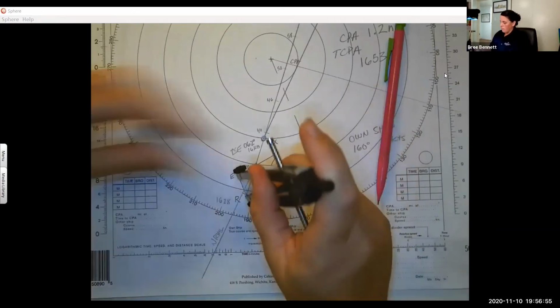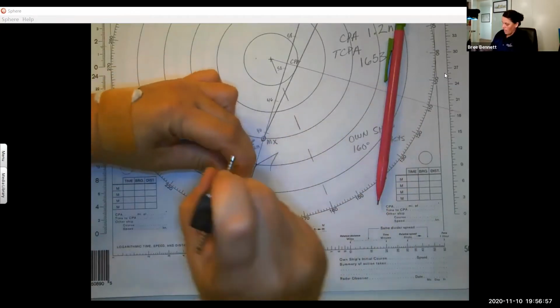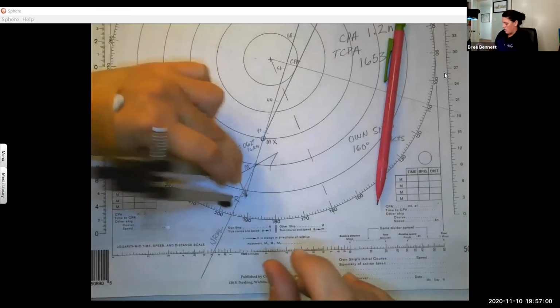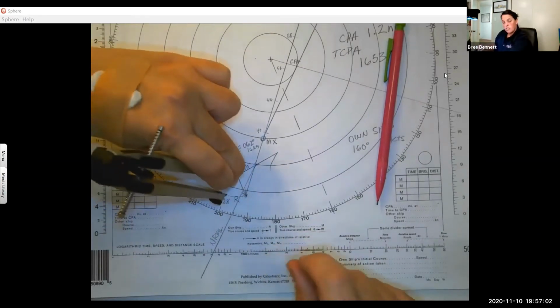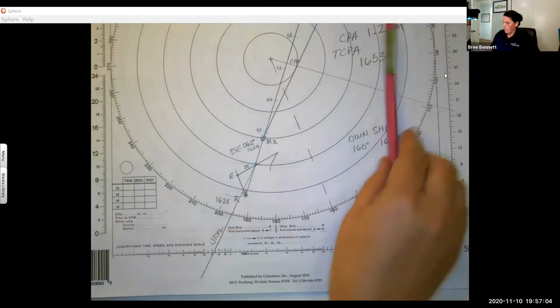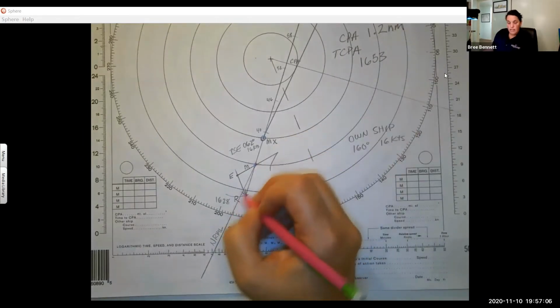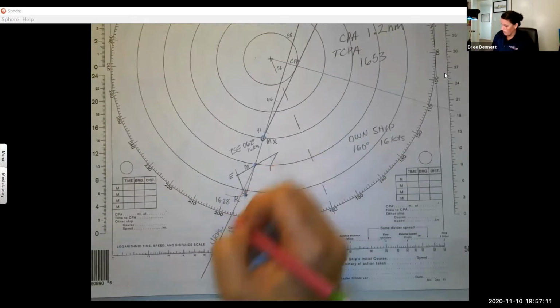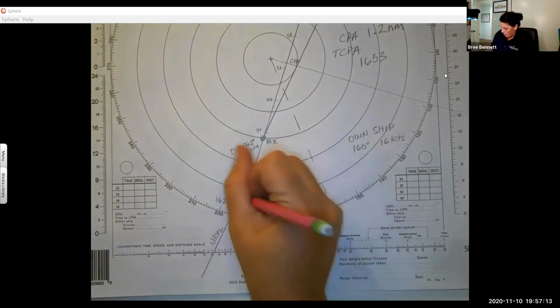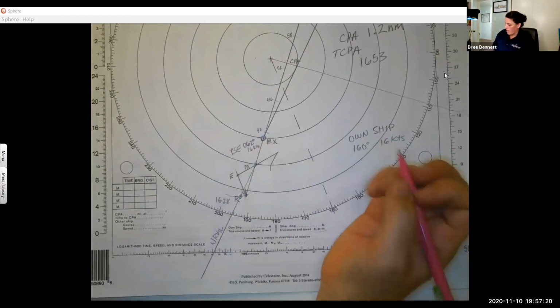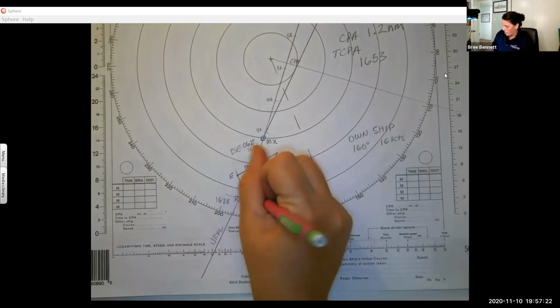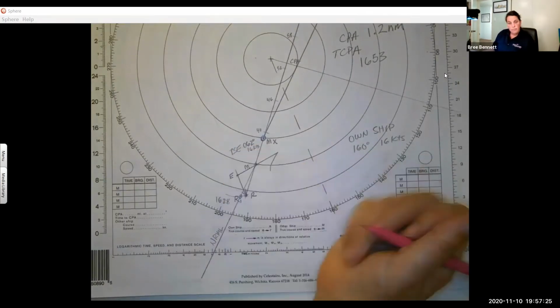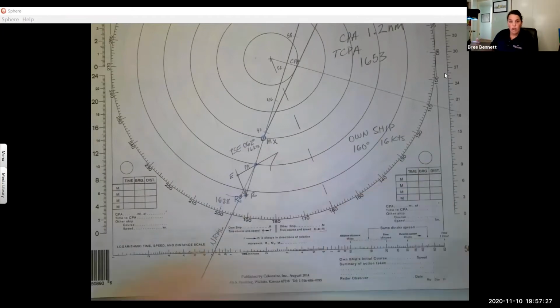And then I swing my compass to the right, because I'm turning to the right, turning to starboard. And now where that swung arc crosses that new relative motion line, that point right there is going to be my R prime. So this was my R, this is my R prime, my new R.